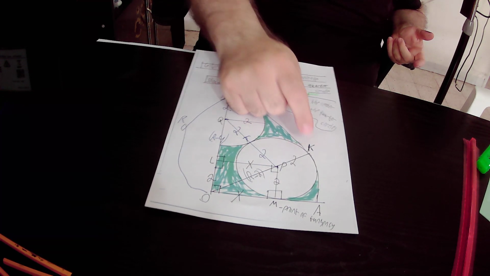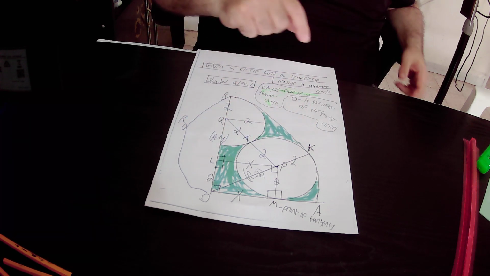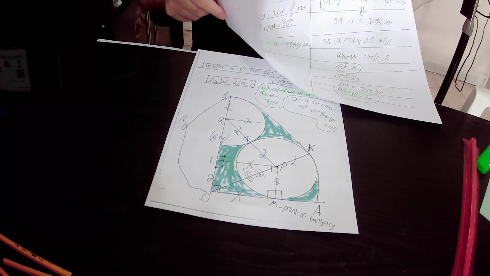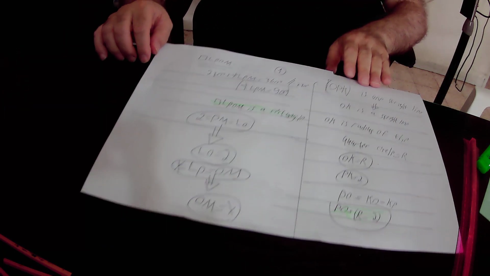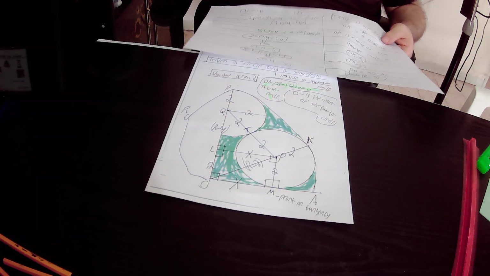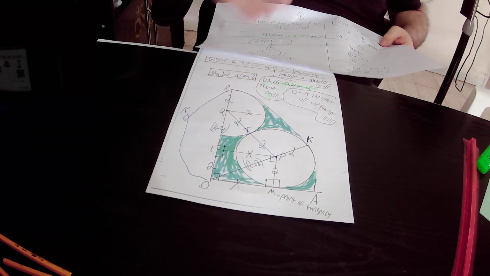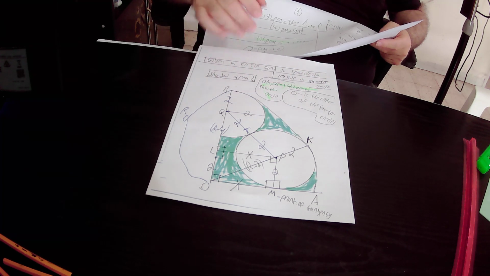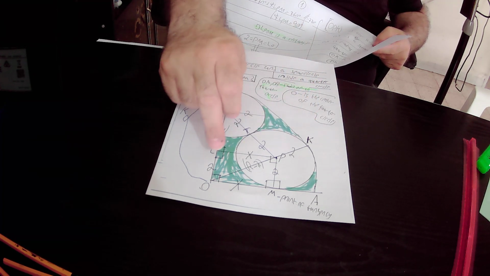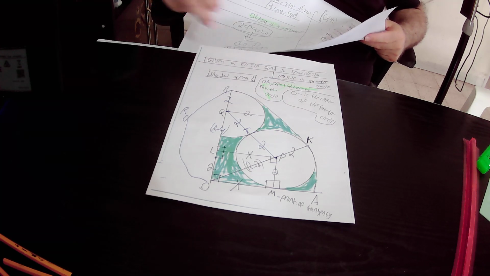In other words, KPO is one straight line, or points K, P, and O are all located on the same straight line. So if KPO is a straight line, then KO must also be a straight line.